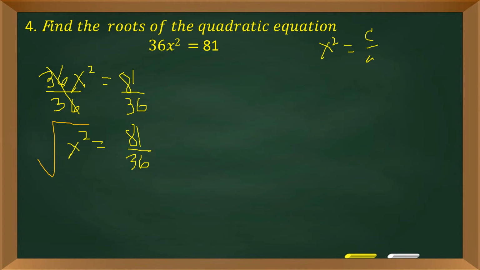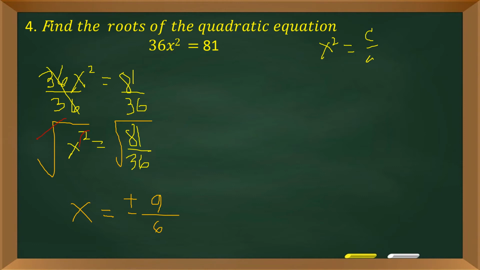Applying the square root property, so square root of x squared, cancel. Yung square root ng x, square root ng square. So x is equal to plus or minus 81 has an integral square root which is 9, and 36 also has an integral square root which is 6.